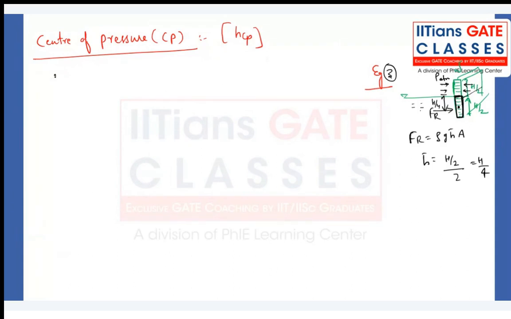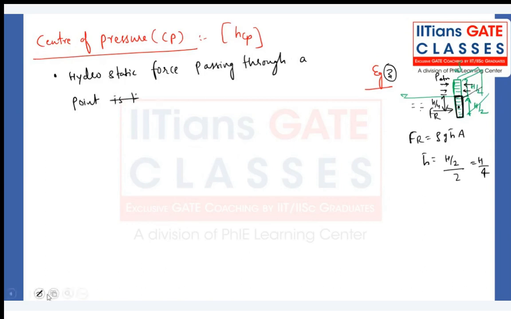The hydrostatic force passing through a point, that point is known as center of pressure, right?